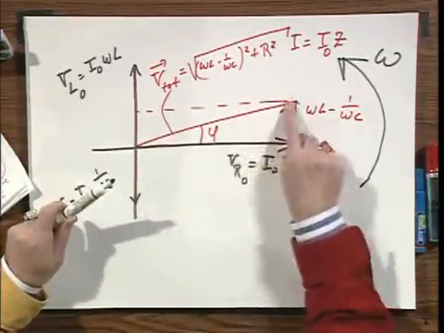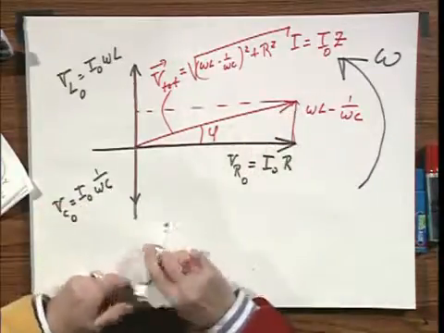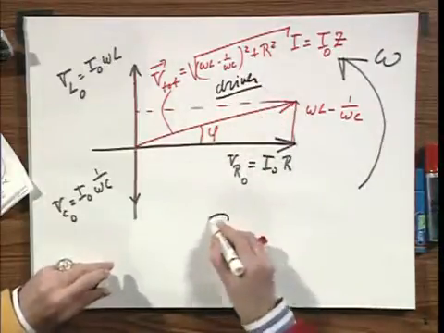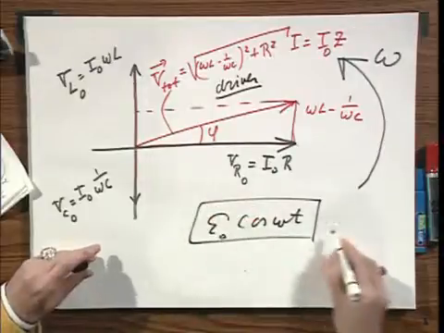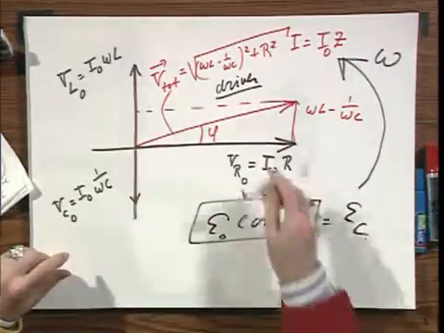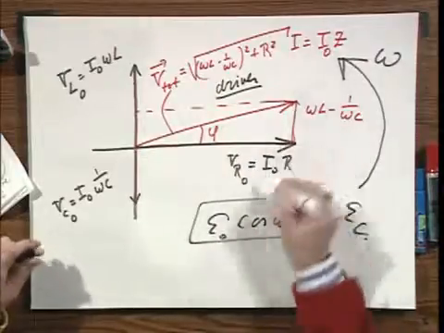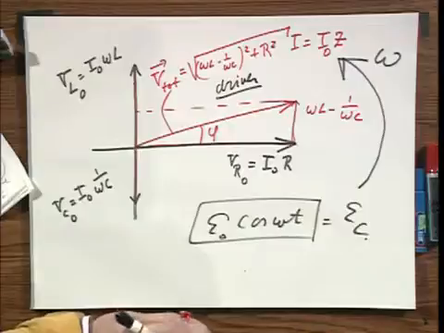And this vector here, if you want to know what the voltage of the driver is, because this is the voltage of the driver, well, that's at E0 cosine omega t. And we call that E of S. When that goes around, it's the projection on the horizontal that at all moments in time gives you the driving EMF.